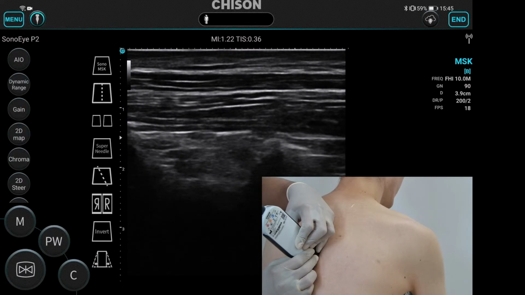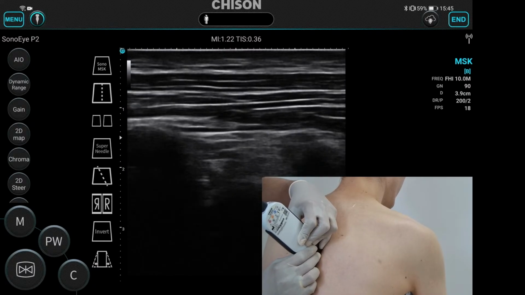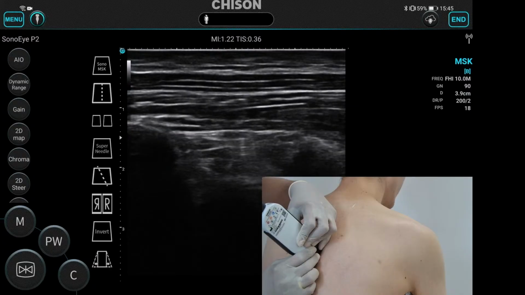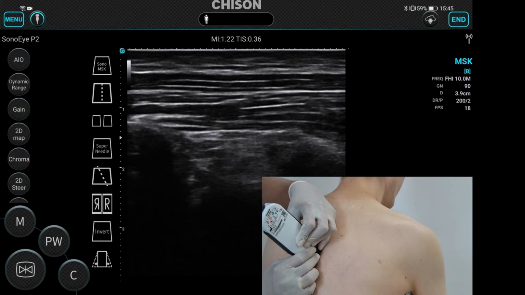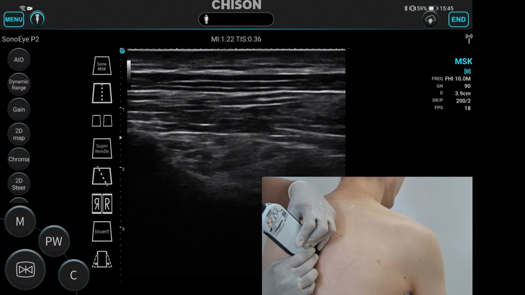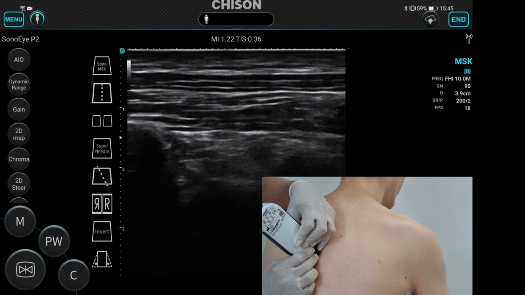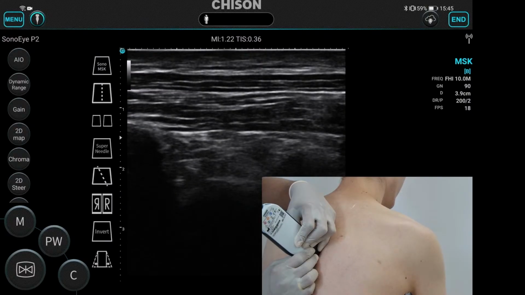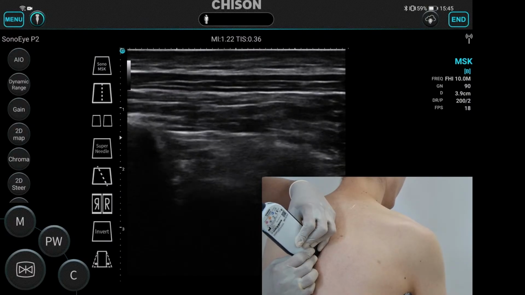Yes, over here we have the trapezius muscle, and at this point you cannot see pleura very clearly. Might be pleura will be a little bit clearer, but not very much. So at this point we have the trapezius muscle and erector spinae muscle in the picture.